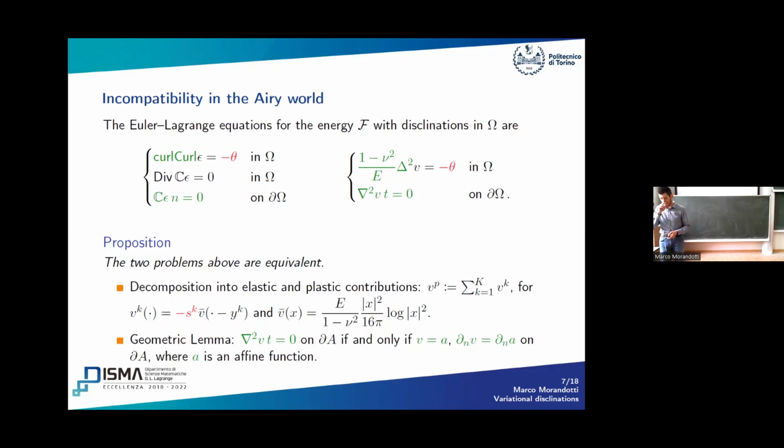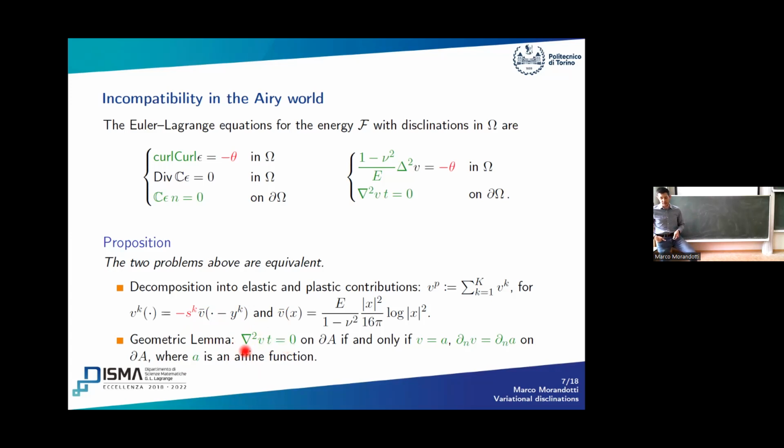The other crucial instrument for this equivalence result to be proved is this lemma, which is geometric in nature.